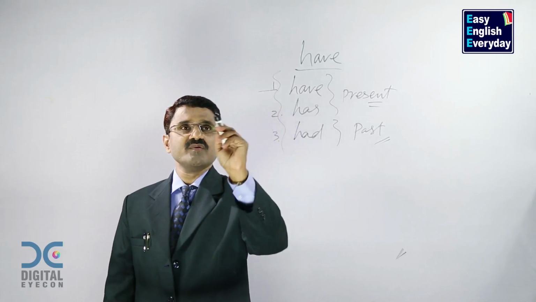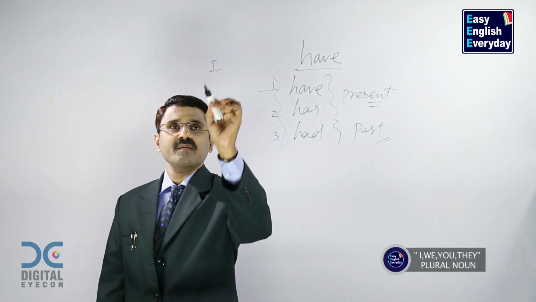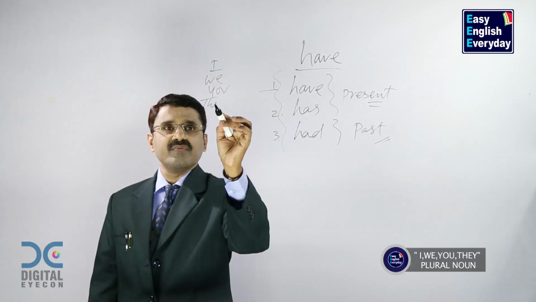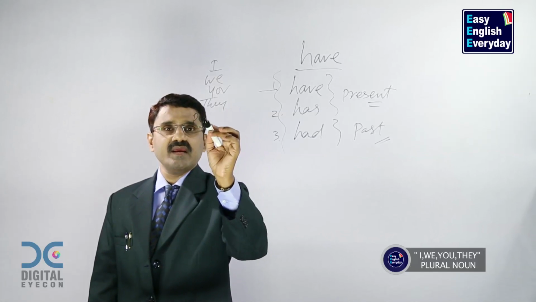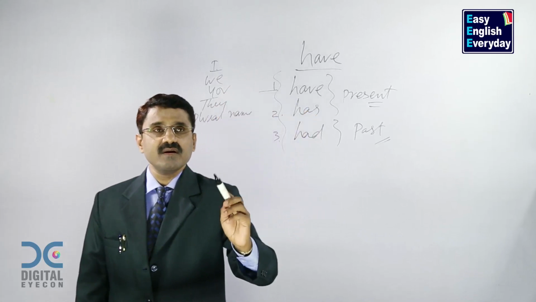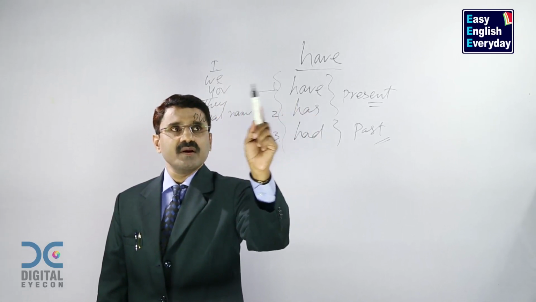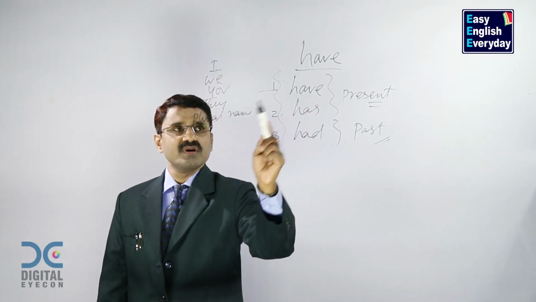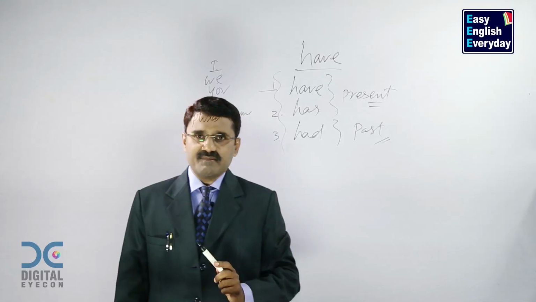Now have can be used by I, we, you, they, and any plural name. I have, we have, you have, they have, children have, workers have, employees have.